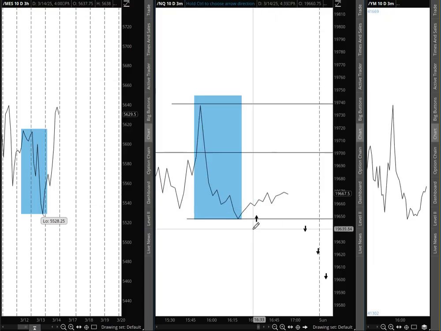So we went up here. Now, you could put a sell stop here and go long, but being that we're up really high on Friday, I don't know if that's going to continue. So your best bet would be to wait for the band to break, and then you enter.